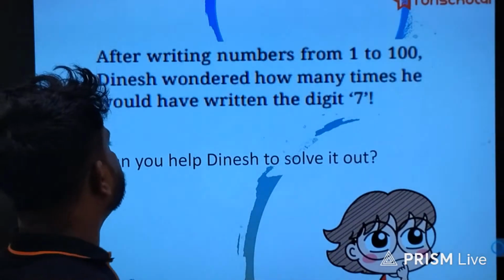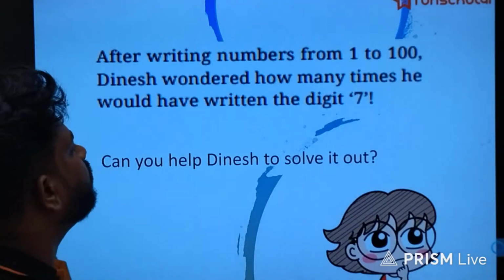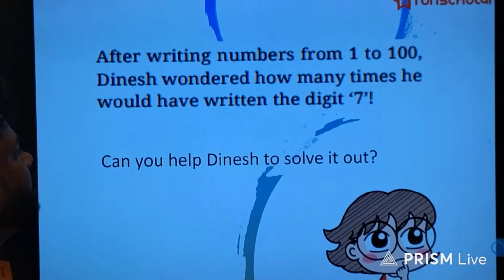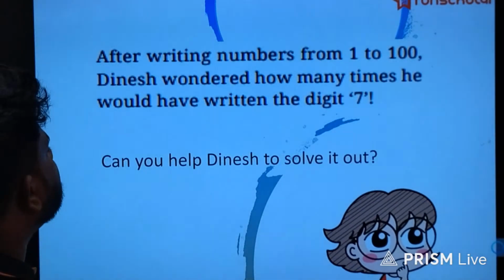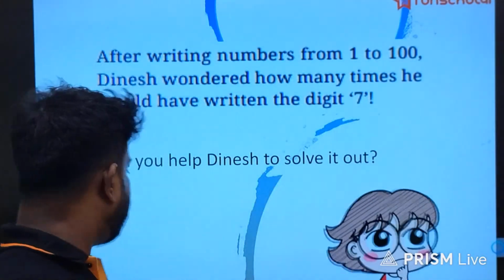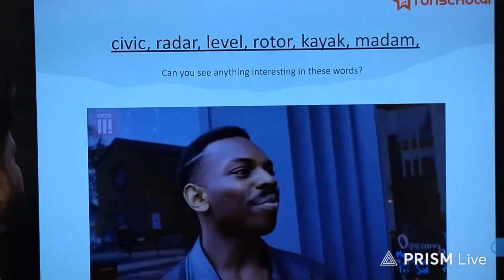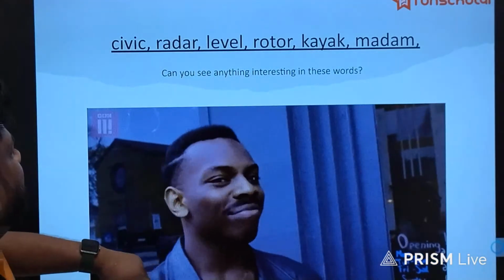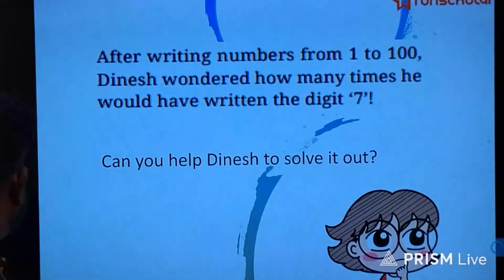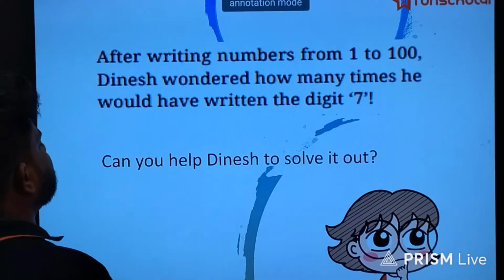Can you help Dinesh to solve it out? After writing numbers from 1 to 100, Dinesh wondered how many times he would have written the digit 7. Okay, so can you help Dinesh to solve it out? So let's try this by ourselves.